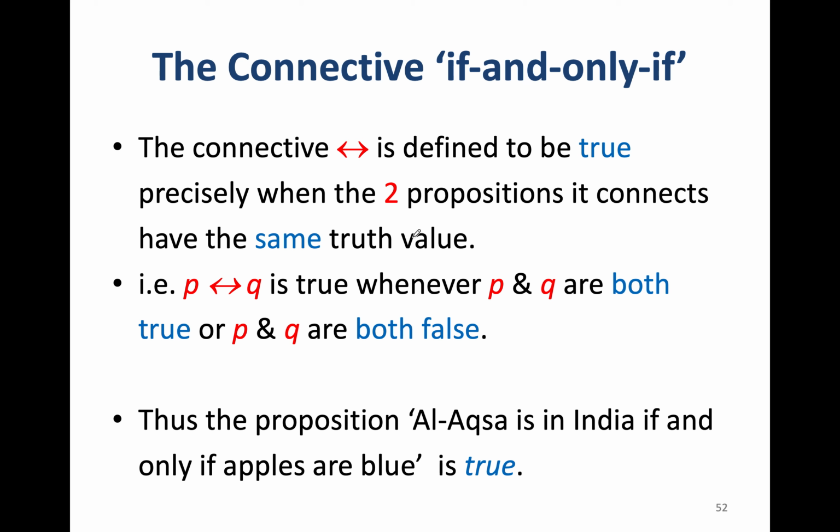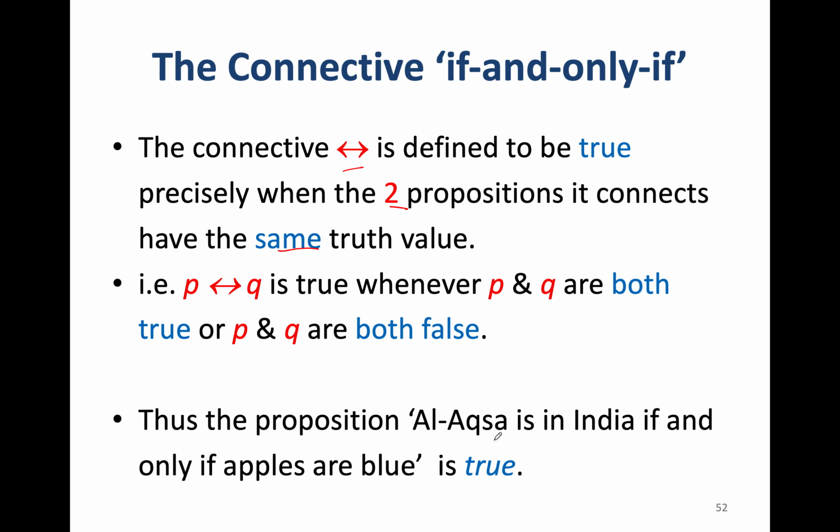The last connective we have in logic is if and only if. The connective has this symbol, and it is true when the two propositions have the same truth value, either both true or both false. Something like: Al-Aqsa is in India if and only if apples are blue.